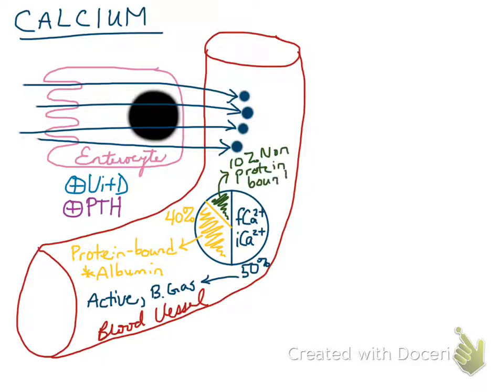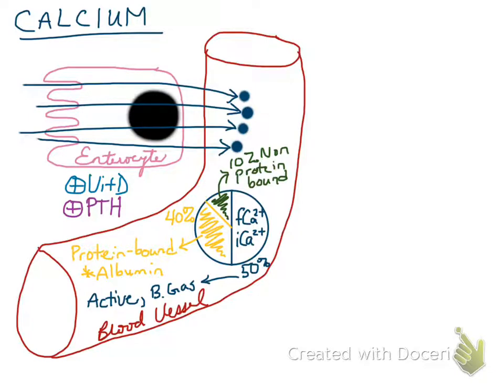It's bound to other things, other negatively charged things. So the calcium that we measure on our serum or plasma chemistry panel is the total calcium. It consists of free calcium, protein-bound calcium, and non-protein-bound calcium, whereas the free or ionized calcium is measured on the blood gas.